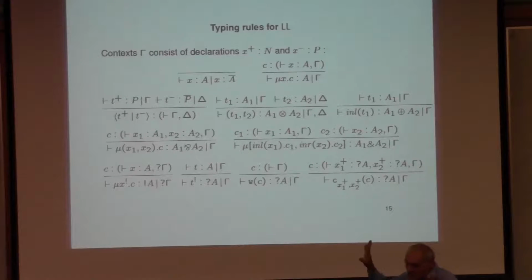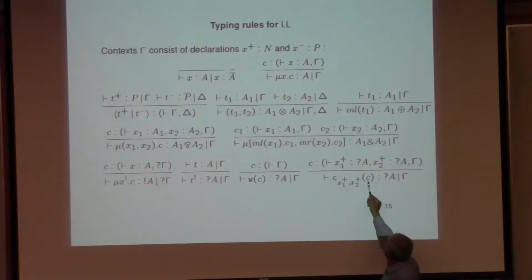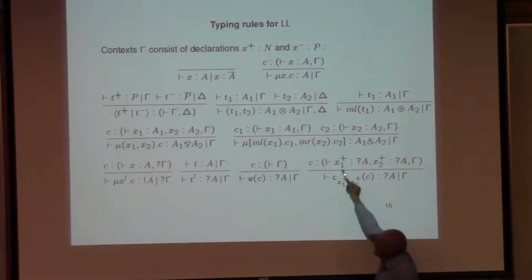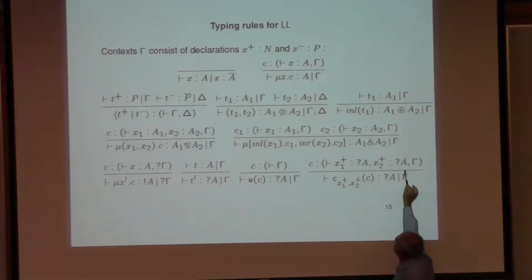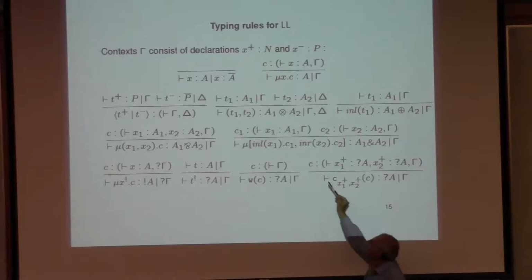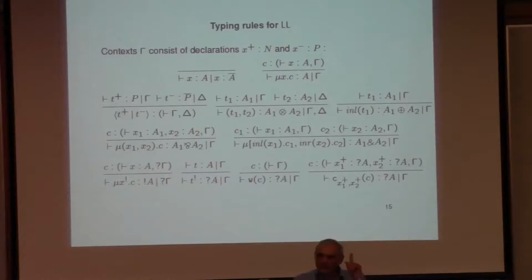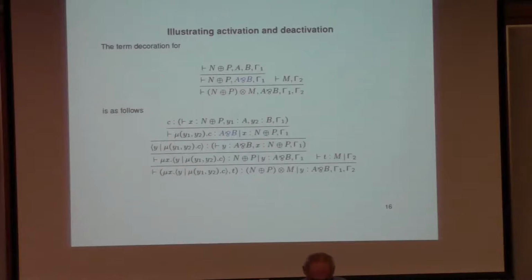So it's also an easy exercise to check that an invariant of the typing rules is that in any term C of a given type, if a variable occurs in the context, then it must occur in C, and it must occur exactly once in C. Okay.